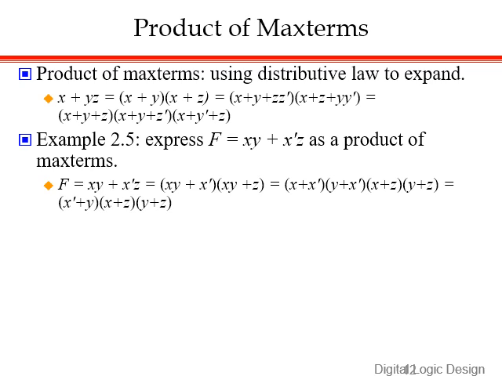Again, if for example you have to express this as a product of maxterms form, you will write xy plus x prime into xy plus z using distributive law. Again you will use distributive law here, x prime plus x into x prime plus y.